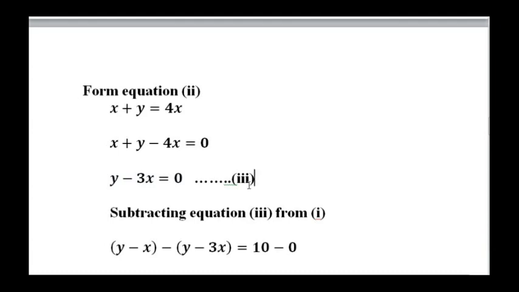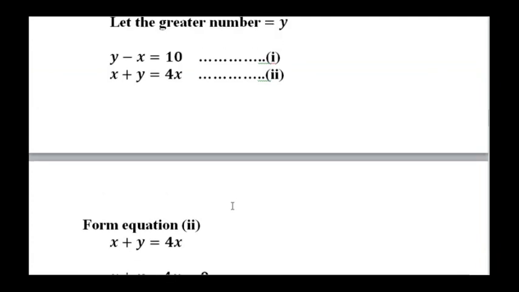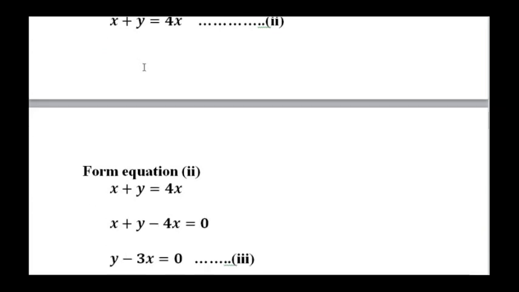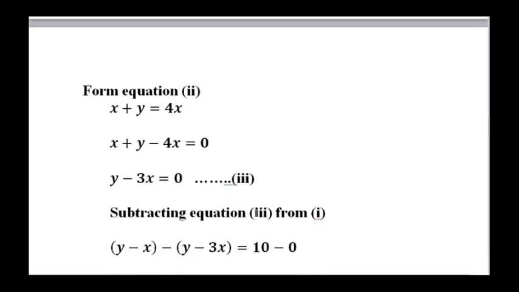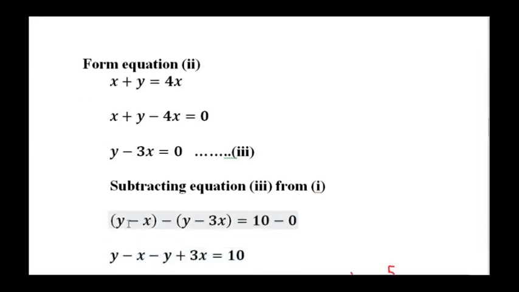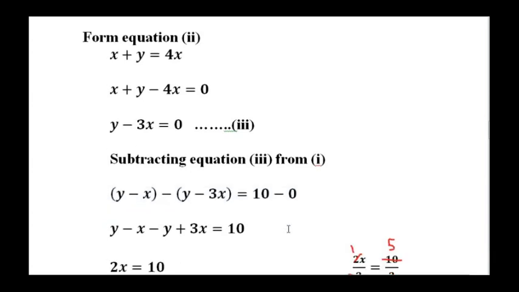Now, if we subtract equation 3 and equation 1, we can eliminate either x or y. So, subtracting equation 3 from equation 1, left side of equation 1, y minus x, minus left hand side of equation 3, y minus 3x, equals the right sides 10 minus 0.